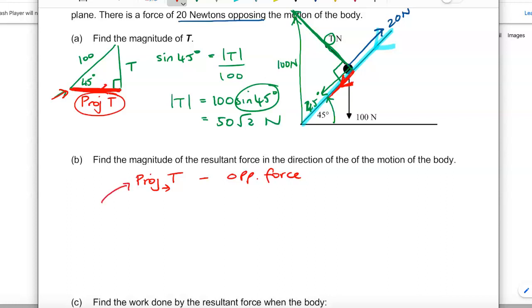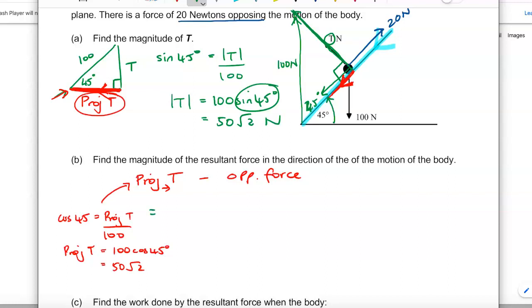So we could say that this is represented, the cos of 45 is going to be the projection of T onto the direction that we're trying to travel over 100. So the projection of that force is going to be worth 100 times the cos of 45. And we know that cos of 45 is also root 2 on 2, so the projection is 50 root 2.